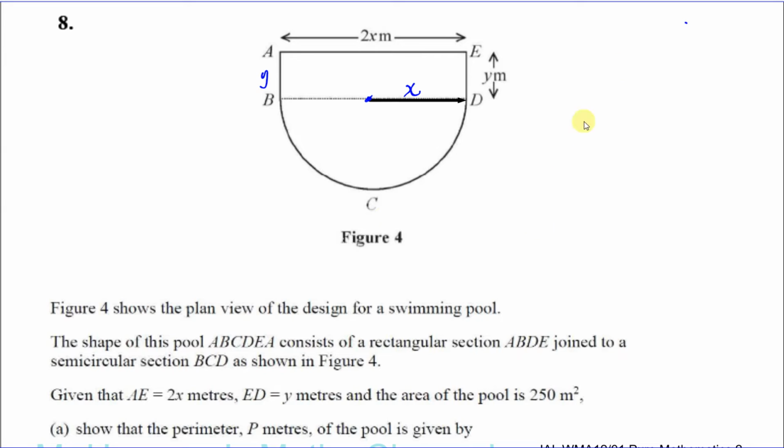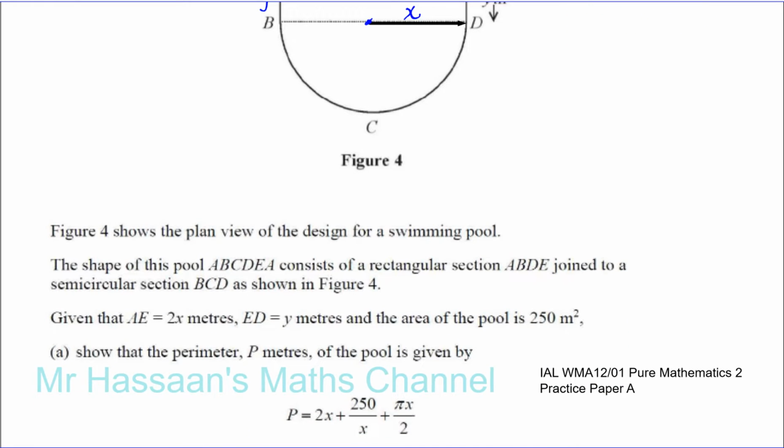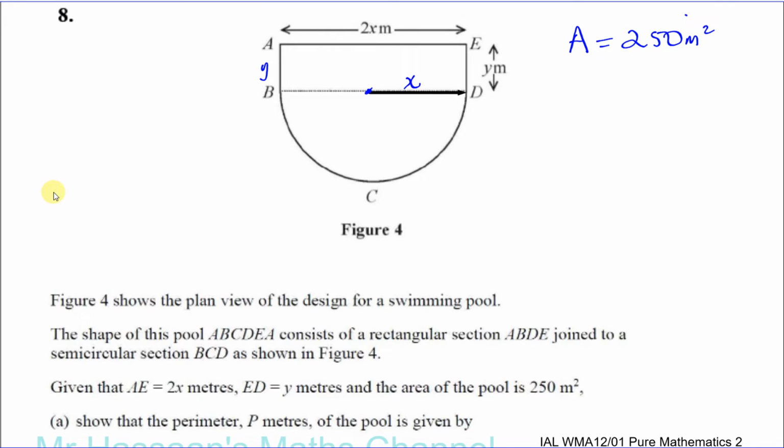They also told us that the area of the pool is 250 square meters. So we have to show that the perimeter of the pool is given by this equation. Okay, so now let's get cracking on this.